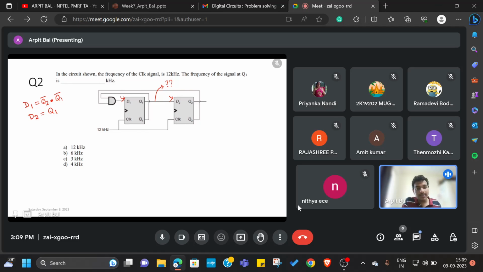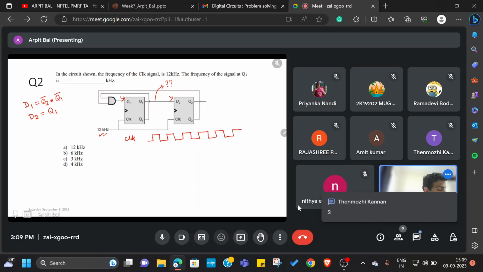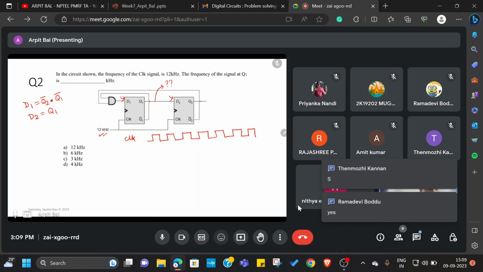Now we will take the help of a timing diagram to solve this question. The first thing I'm going to do is draw the clock. After the clock, let me put D1.